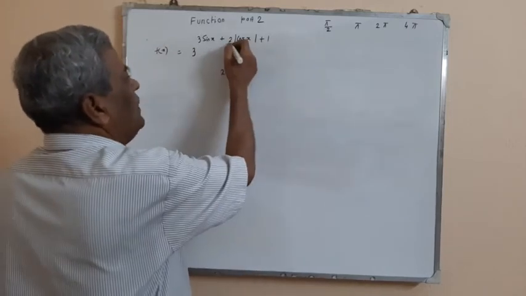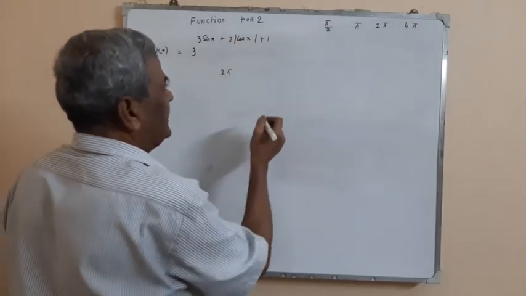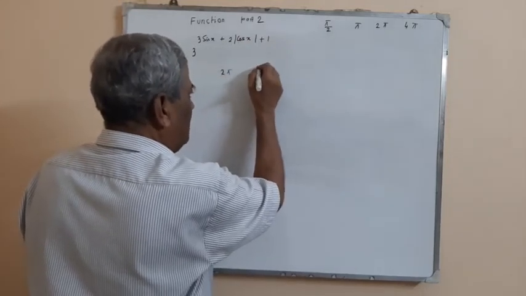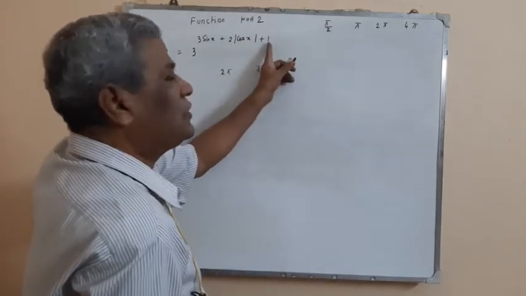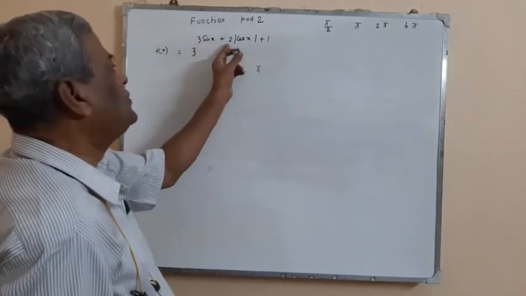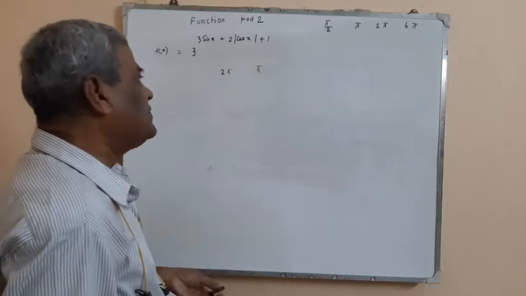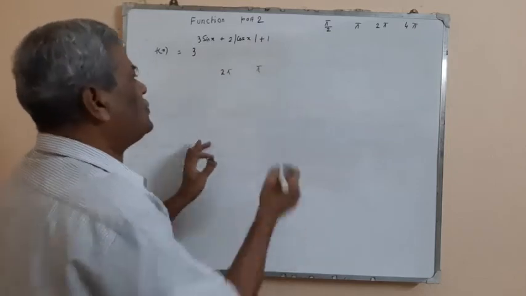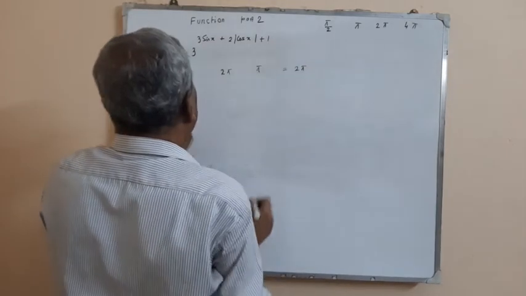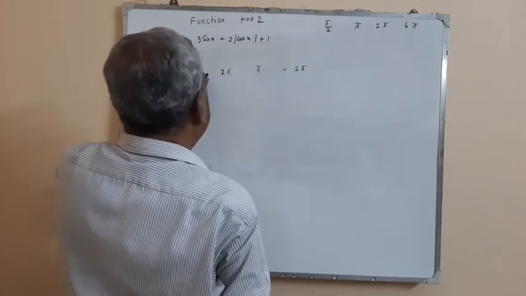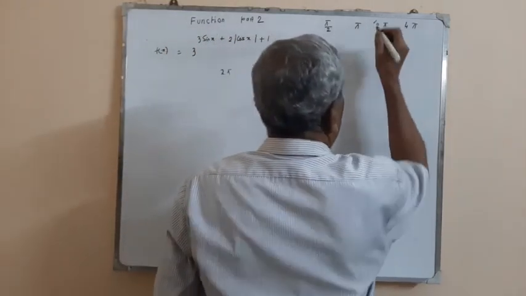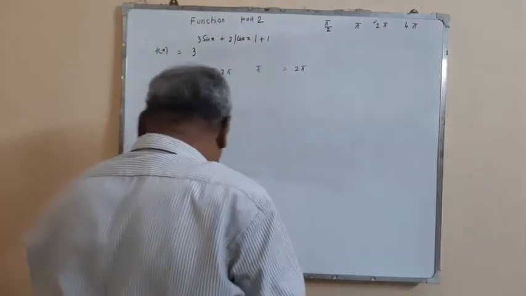Similarly, that 2 is immaterial, and |cos x|, its period is pi. So the period of that function is the LCM of this and that, which is equal to 2 pi. So the period of f(x), that is 3 to the power that, is 2 pi. So this is our correct answer.